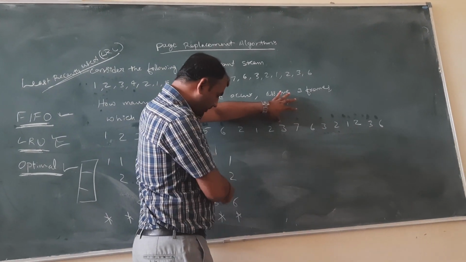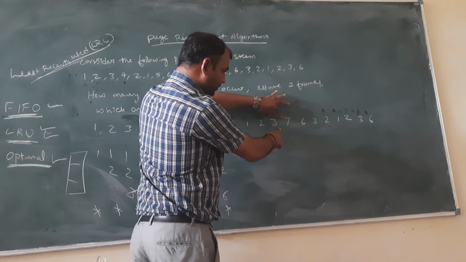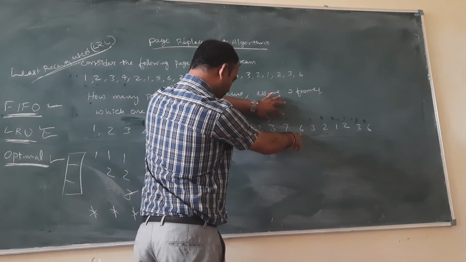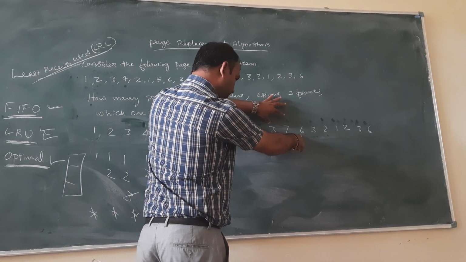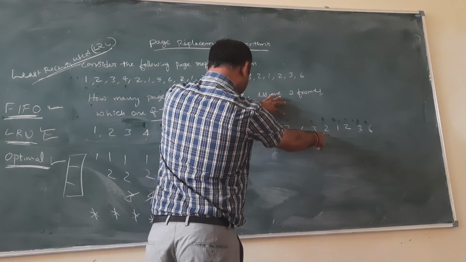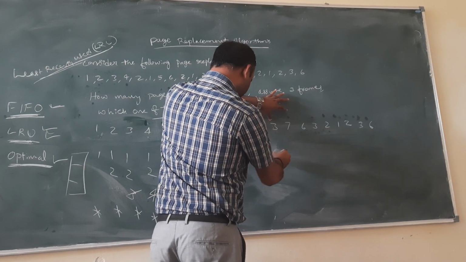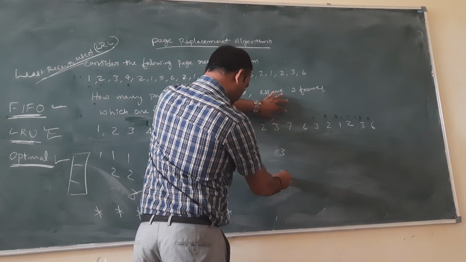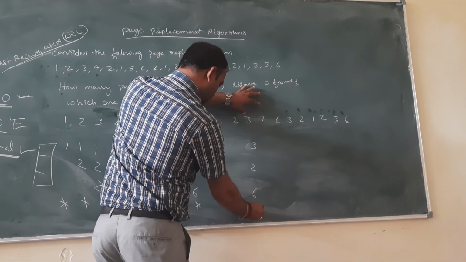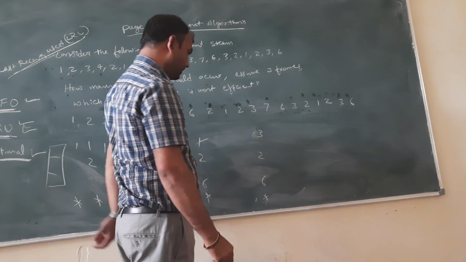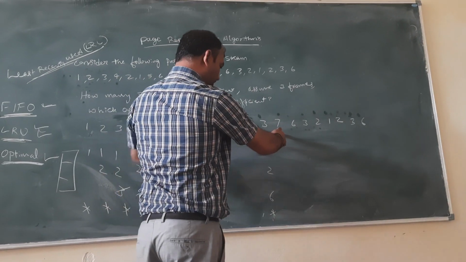In future, which one do we want among these? We want 6 first, then 2, then 1. So let's replace 1 with 3. Then 2 and 6. Next, 7 is required.